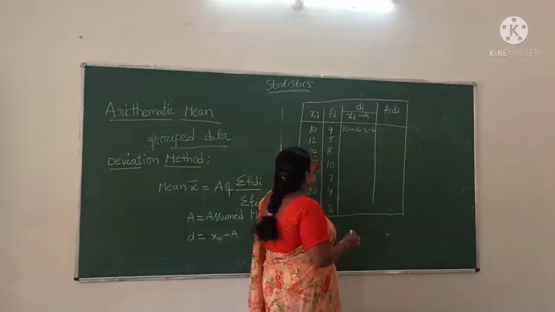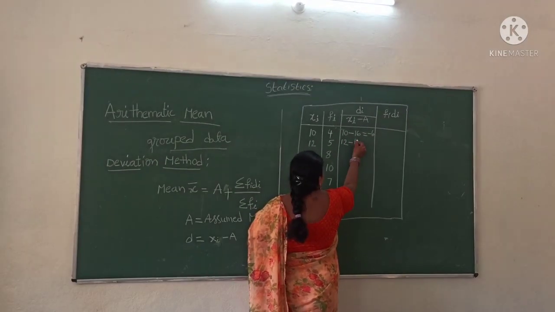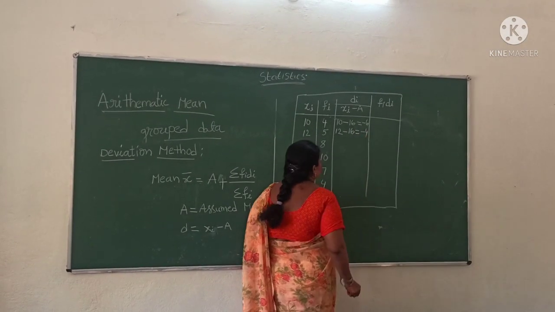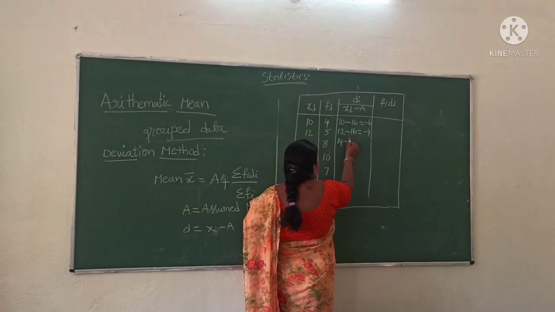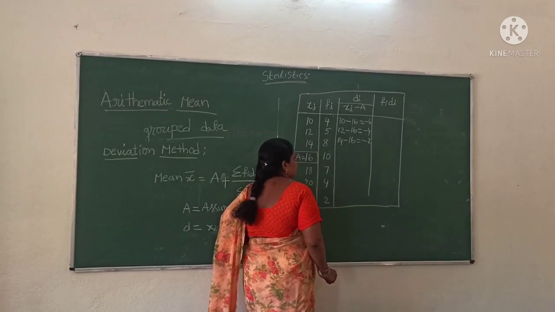Okay. Next one 12. 12 minus 16, so minus 4. Next 14 minus 16, that is minus 2.